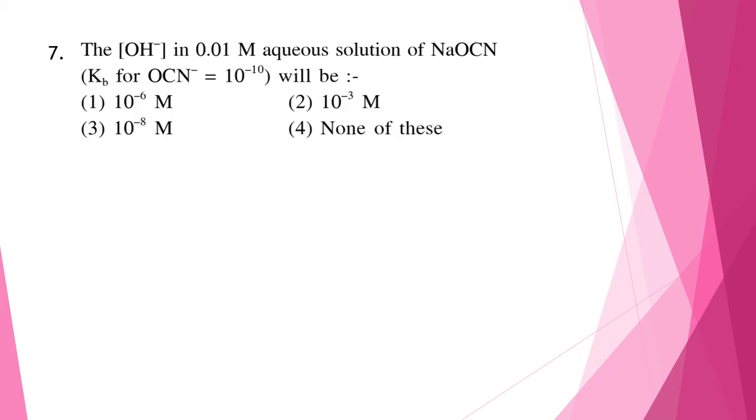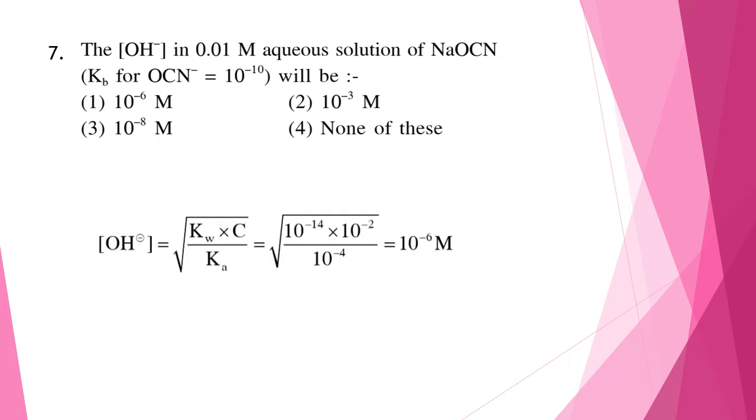Question 7. The concentration of OH negative in 0.01 molar aqueous solution of NaOCN given Kb for OCN negative is 10 to the power minus 10 will be. Now as it is a weak acid strong base salt, concentration of OH negative will be equal to root of Kw into C divided by Ka.